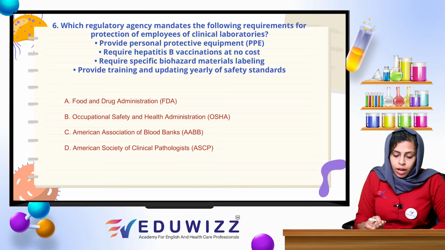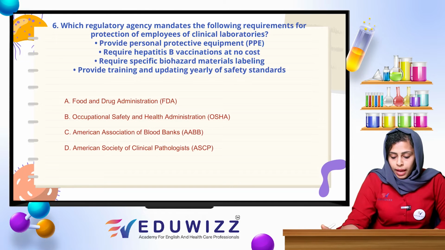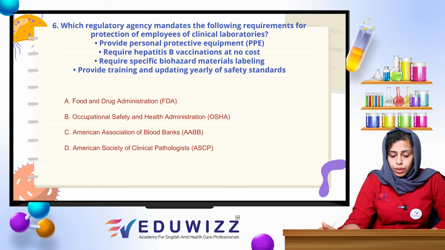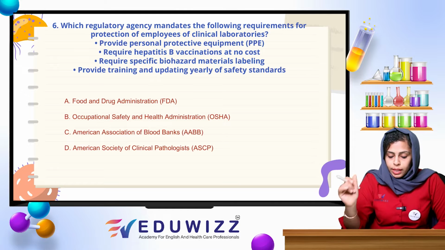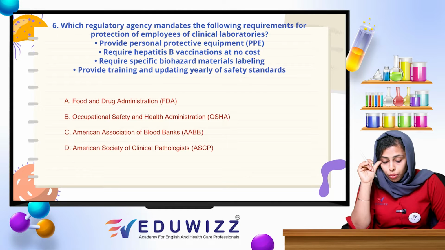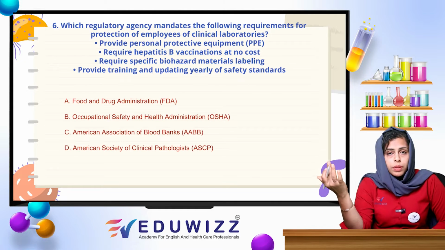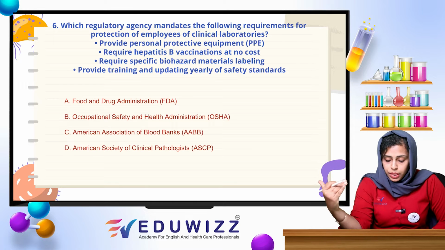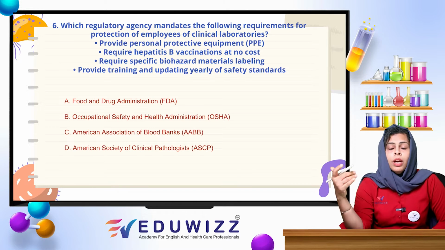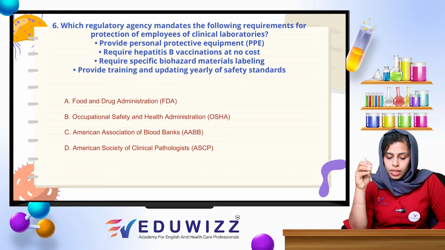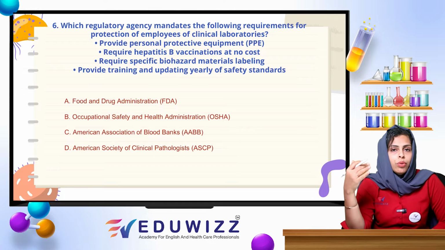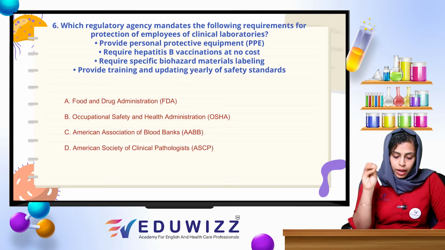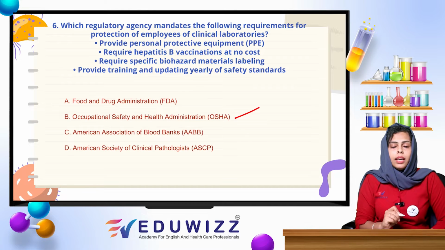The next question: which regulatory agency mandates the following requirements for the protection of employees of a clinical laboratory? PPE kit provision, hepatitis B vaccination at no cost, specific biohazard material labeling, and training with yearly updates of safety standards. You have to remember that the protection of employees working in a clinical laboratory, or in any other setting, is mainly provided by the Occupational Safety and Health Administration.